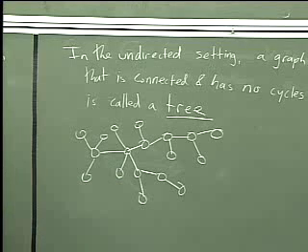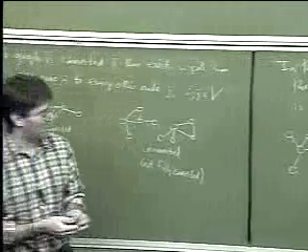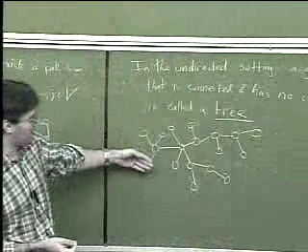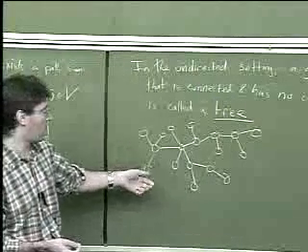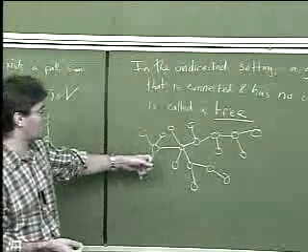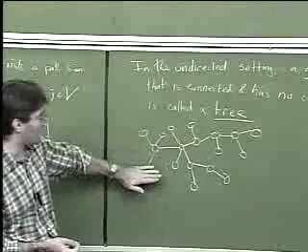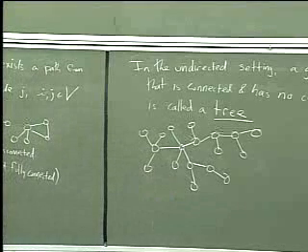Let's just say if I take away a node that's a leaf, you can see I'm not partitioning the tree. It's to do with the fact that there's only one edge there. That edge is used to get from that node to the rest of the tree, and if I remove it, meaning I get rid of the node itself, not just the edge, this remaining graph is still connected. Right?